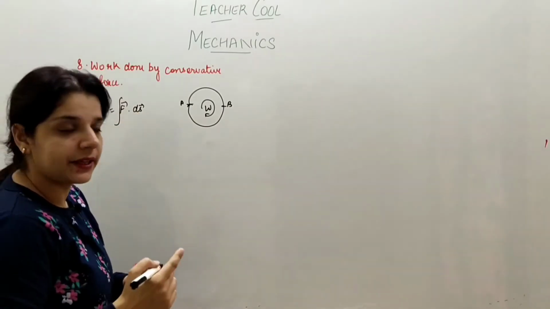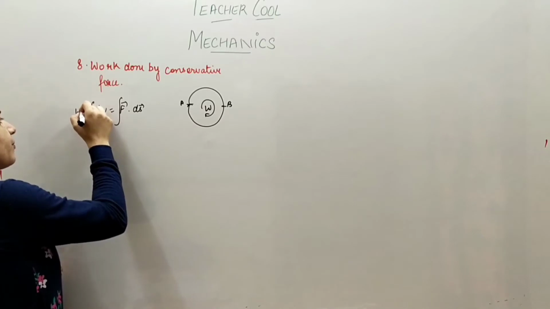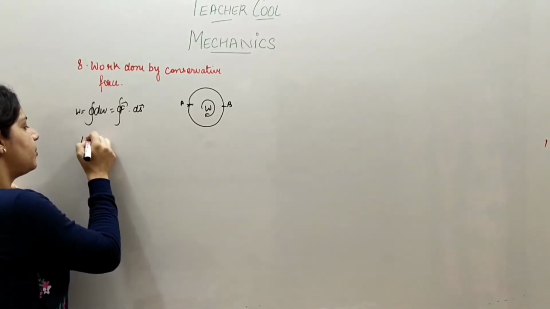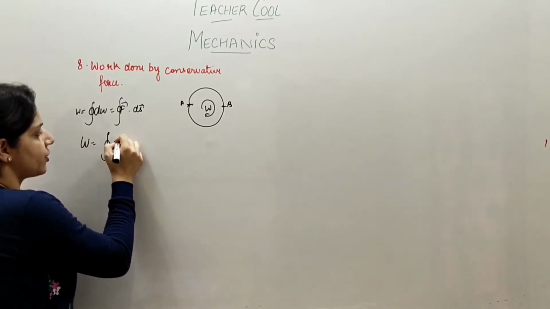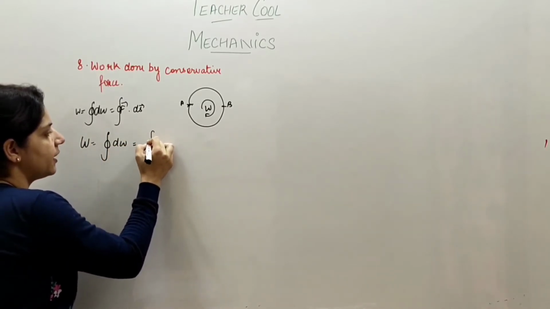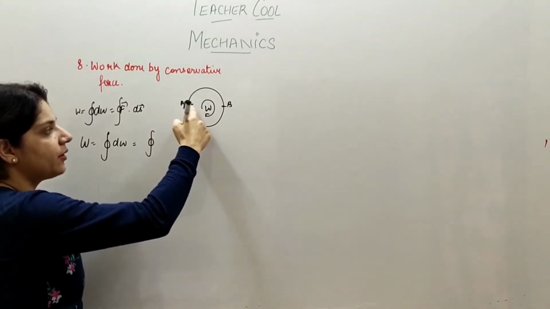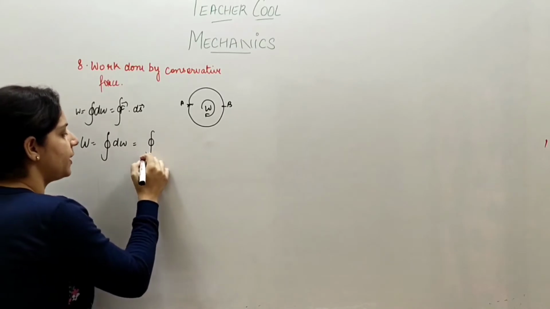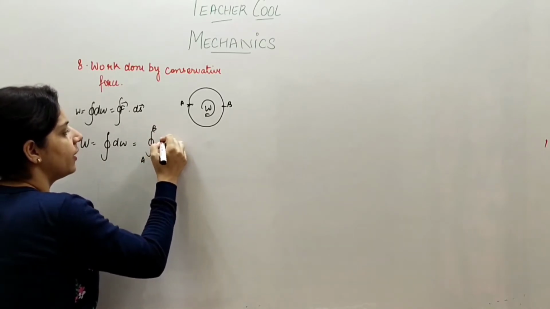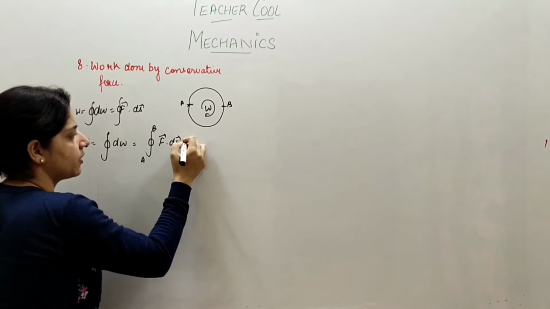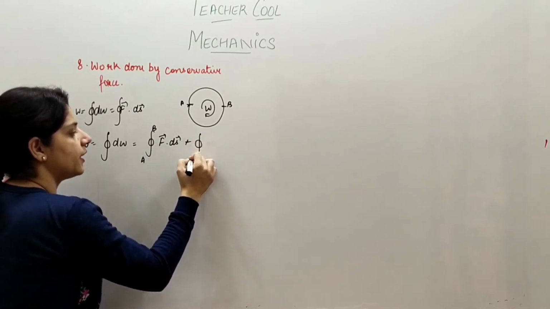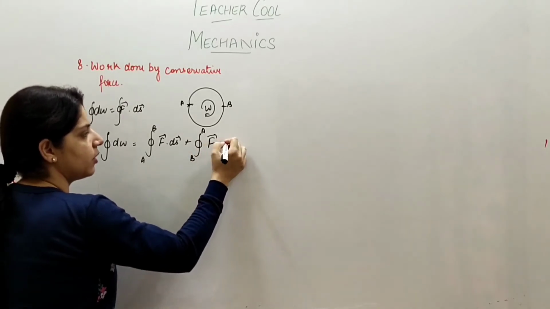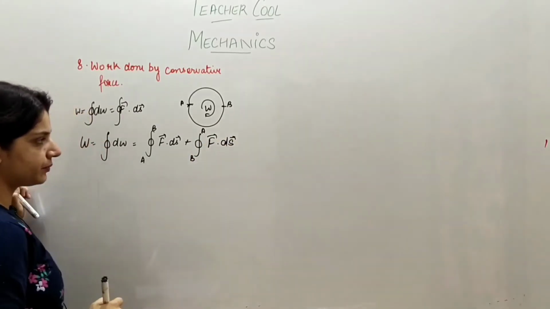along the complete cycle, I'll say complete cycle, will be given as W is equals to cyclic integration of dW, and the cyclic integration, I can divide this whole cycle into 2 parts, A to B and B to A. So it will be A to B F dot ds vector plus B to A F dot ds vector.